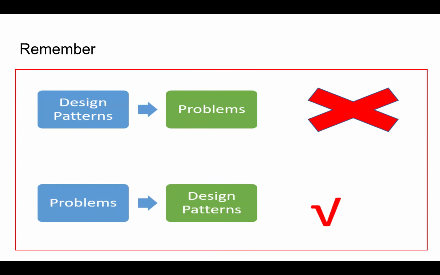That's a challenge you will have. No one will tell you, okay, we need a solution from this design pattern. No, it's the other way around. We have this problem. Can you solve it? It's up to you to decide what design pattern you should use.